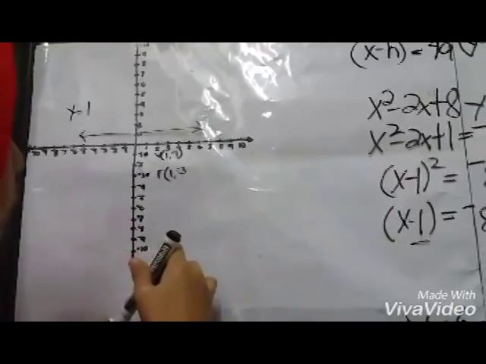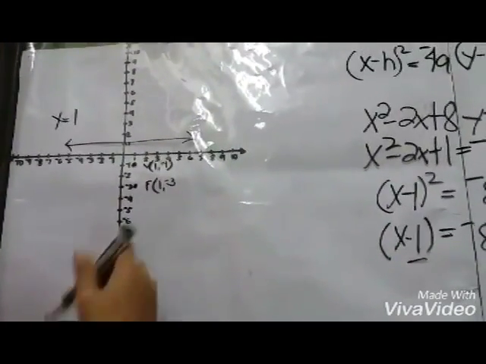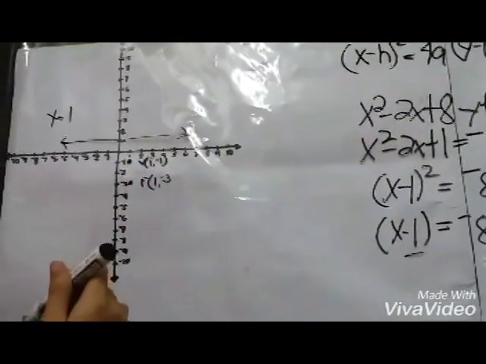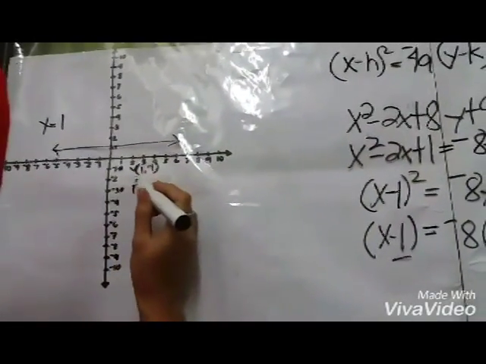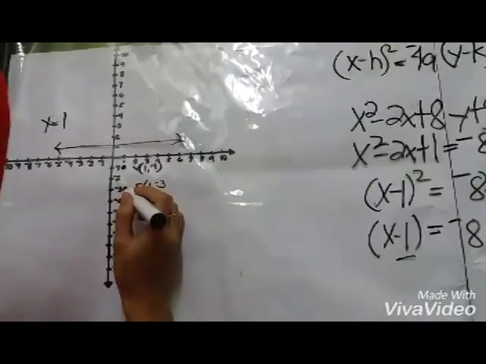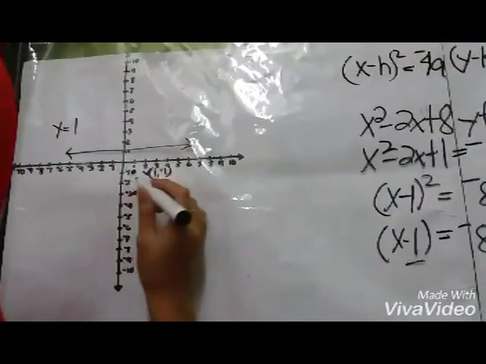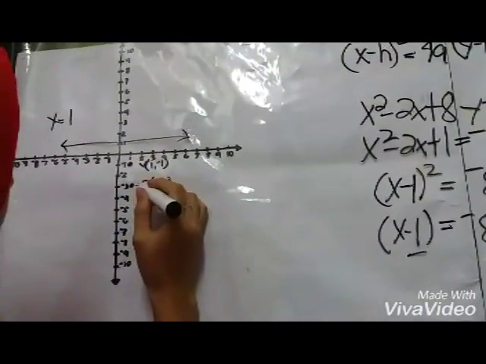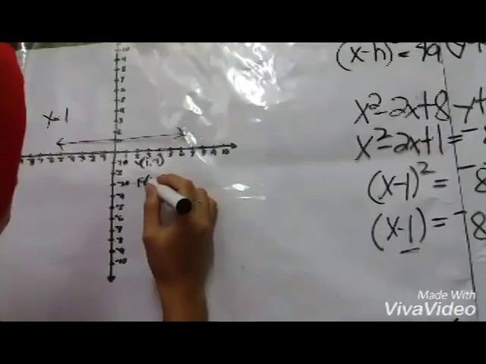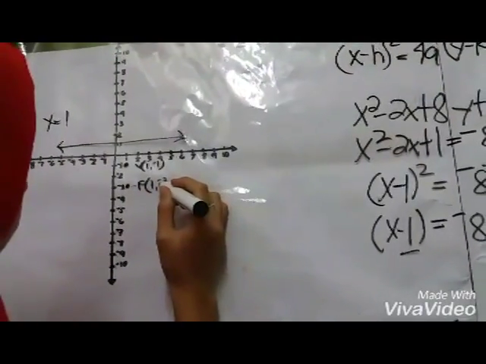And our endpoints of the latus rectum, which is 4. We're going to move 4 units to the right side and 4 units from the focus to the left side. So let's count: 1, 2, 3, 4.